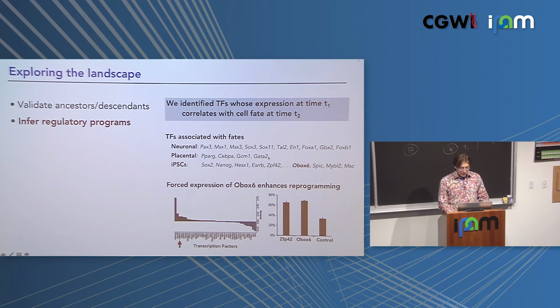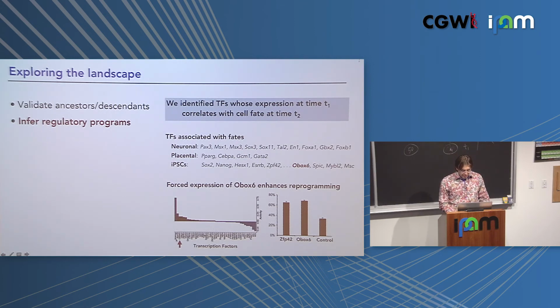And the final thing is we can infer regulatory programs by solving this low-rank regularized regression that I was talking about. And we identify a set of transcription factors that are pushing you in the direction of pluripotency, towards being a stem cell. Here I'm showing the loadings on one of the rank 1 components.